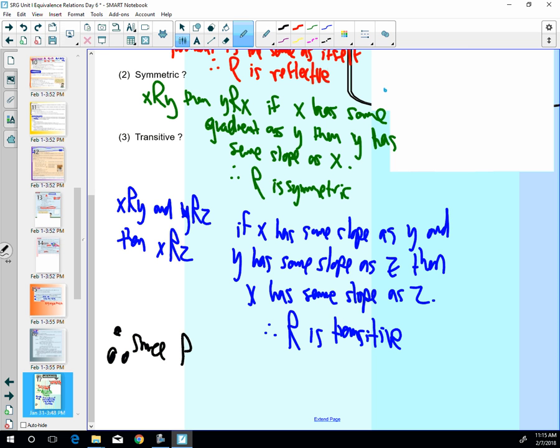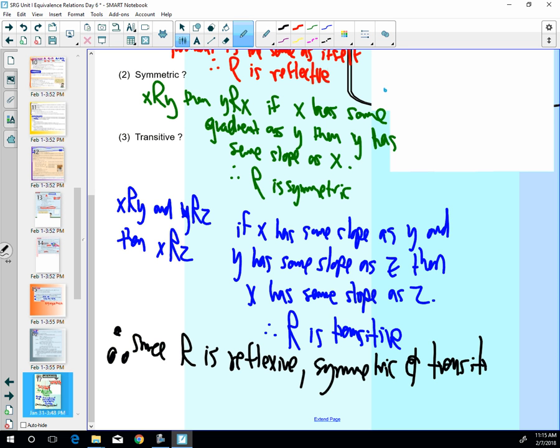Since R is reflexive, symmetric, and transitive, R is an equivalence relation.